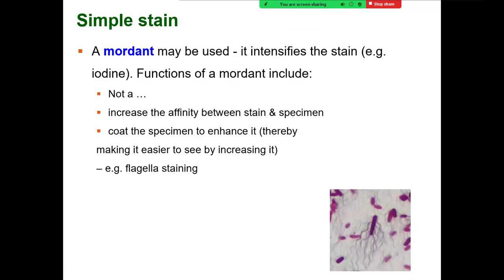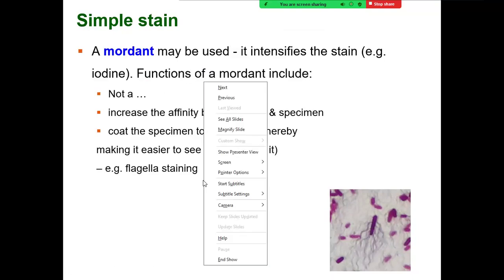If you didn't put many coats of the mordant on, you would not see the flagella, because the mordant is putting on a layer each time you apply it. Any questions about that? We'll talk more about the mordant when we're talking about the Gram stain in a little bit.